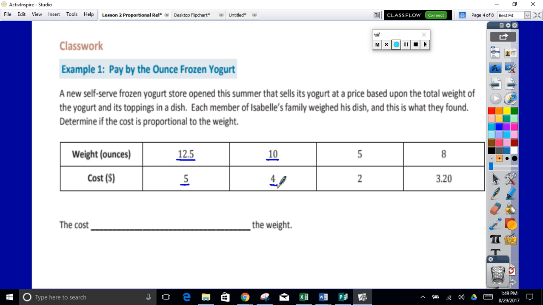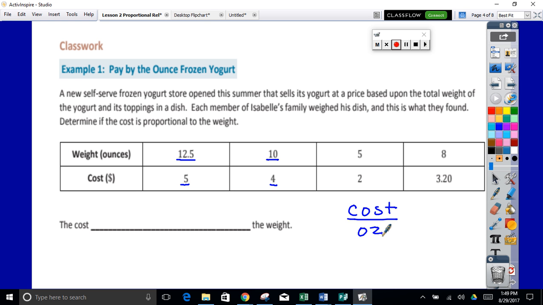Okay, the correct answer is that yes, everyone does pay the same cost per ounce. If we were to find a unit rate and we took the cost per ounce, this means that we're going to divide the cost by the number of ounces to find out how much it costs for 1 ounce.